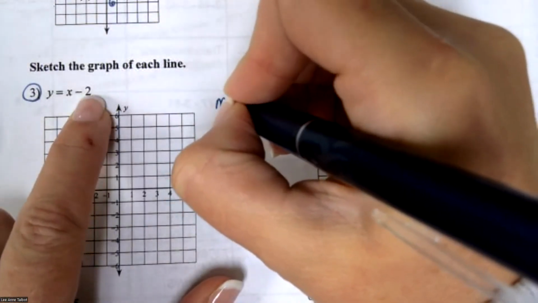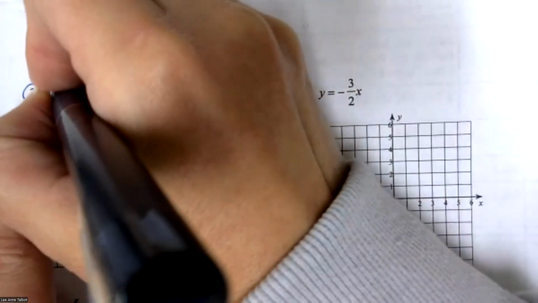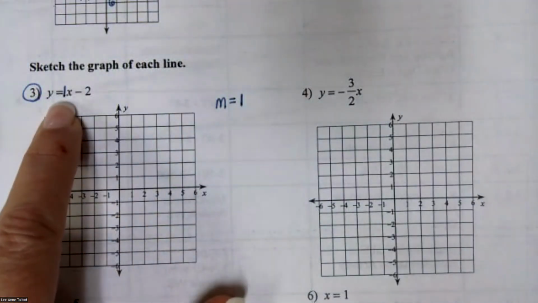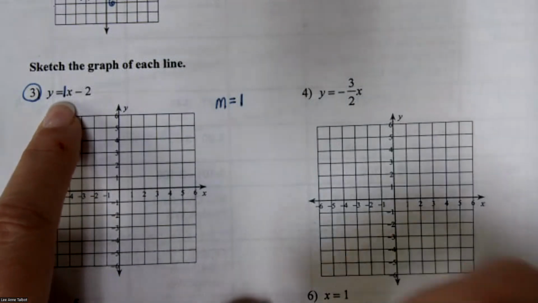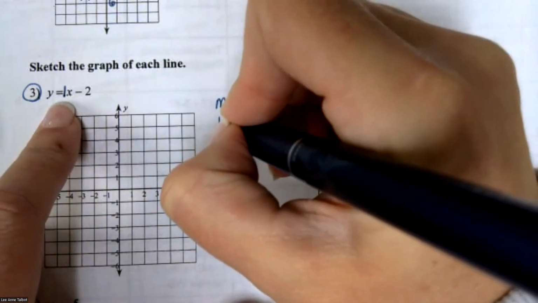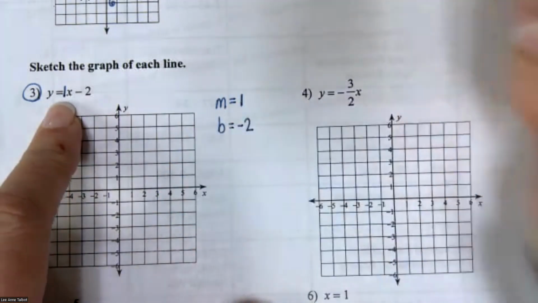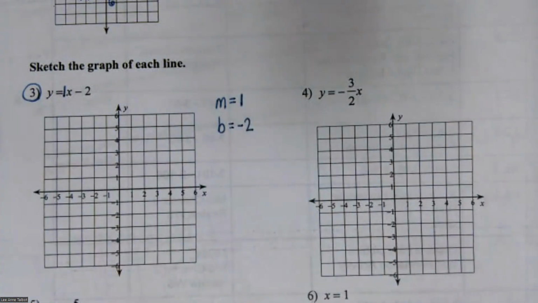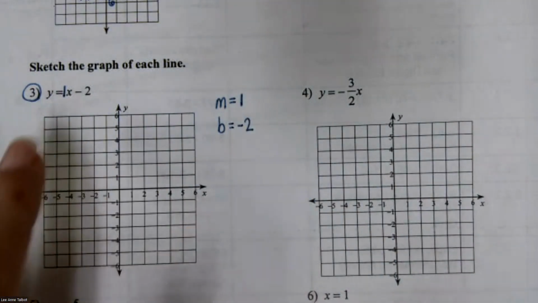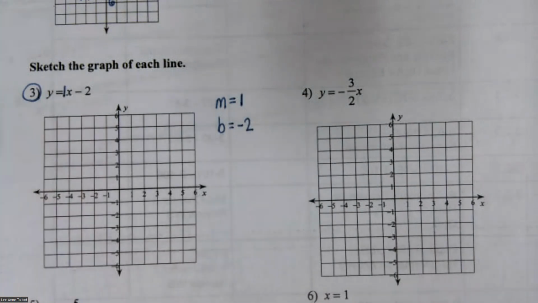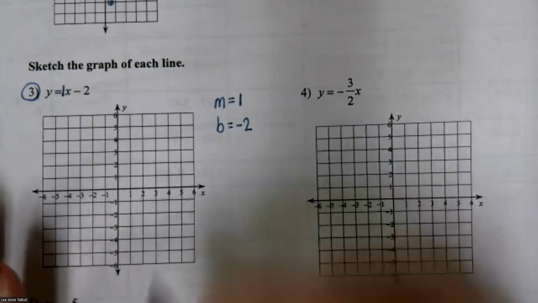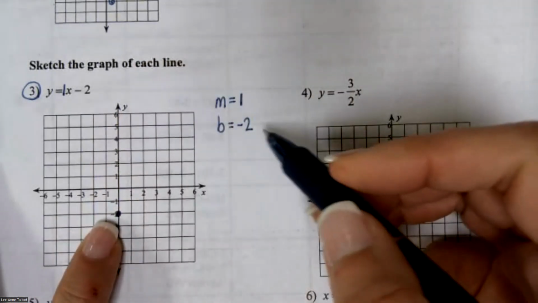Okay. Slope is 1. And I'm going to put the little 1 there to remind me where I got that from. And the y-intercept is -2. So this is a weird one because there's nothing in front of the x. So I'm going to write a little 1 in there. Start with B, y-intercept of -2.